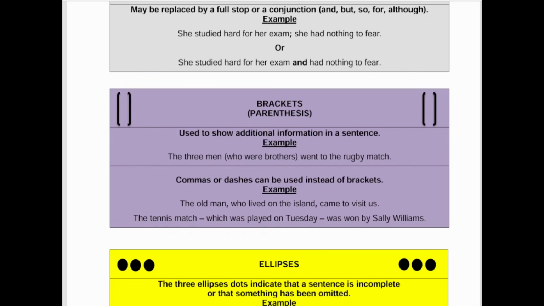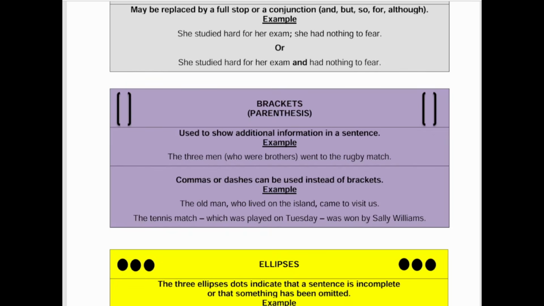From that statement, the most famous soccer player, you can put it in a bracket. You open the bracket, then you close the bracket on the other side, to show additional information.